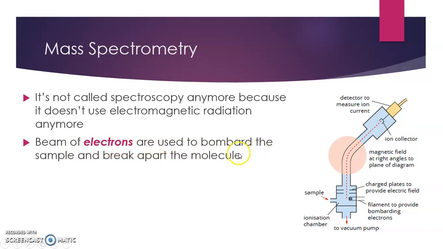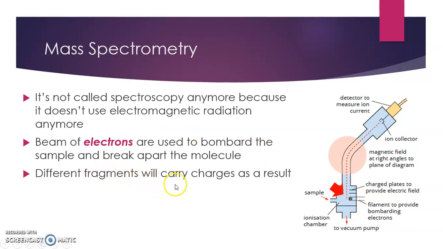They are able to bombard the sample and break apart the molecules. So when you put a sample of molecules through mass spec, they're broken apart into different fragments. Because we're using electrons to hit them and break them apart, you can imagine that different fragments will carry charges more or less.